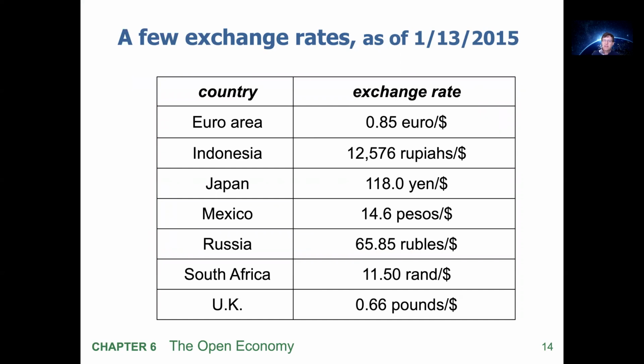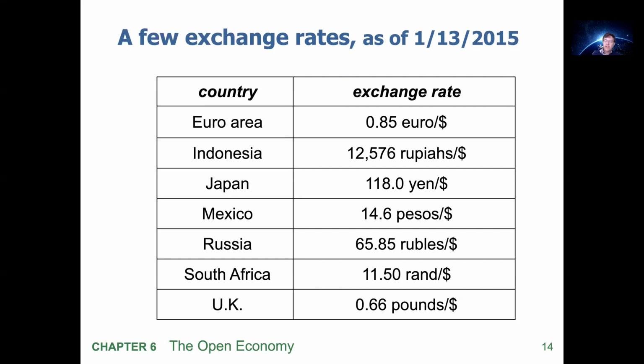Back in 2015, and a lot of these are not too dissimilar now, it costs 0.85 euros to get a dollar. It costs 12,500 Indonesian rupiahs to get a dollar.